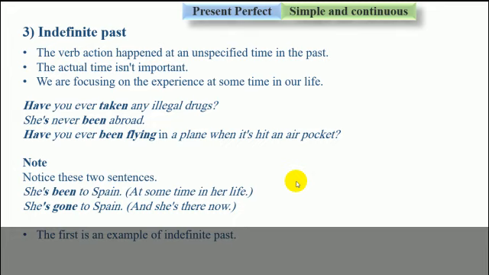I don't need to know when, but at least she has been to Spain. While the second example is an example of the present result. She has gone to Spain and she is there now. So I'm focusing on the present result.